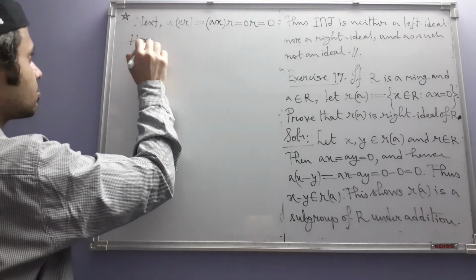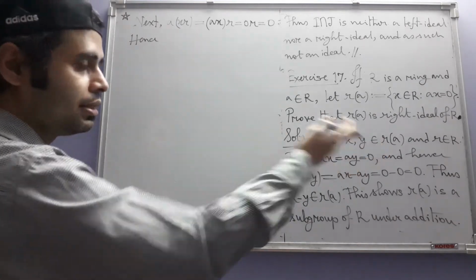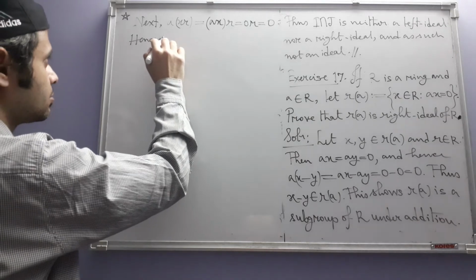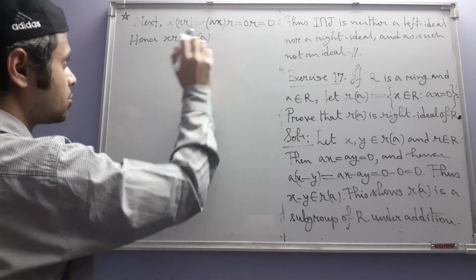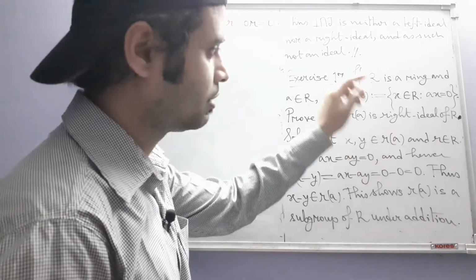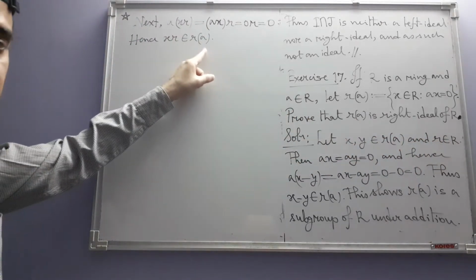Hence, now XR will be in RA because this product is 0. So we have multiplied this element X in RA from the right side by an arbitrary ring element, and the product is in RA.